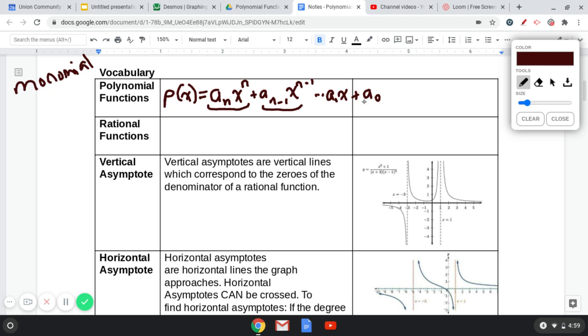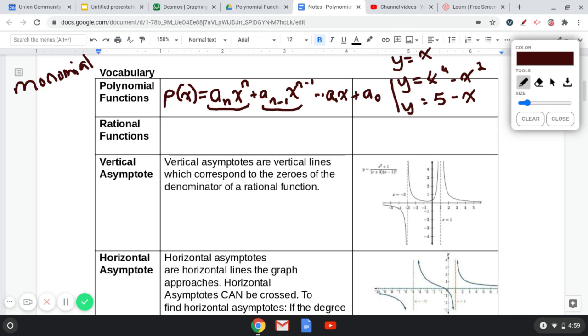So y equals 5 is a polynomial. So I'll write some examples. So it's like y equals x to the 4th power minus x squared, or y equals 5 minus x, or even just y equals x, or y equals 5.